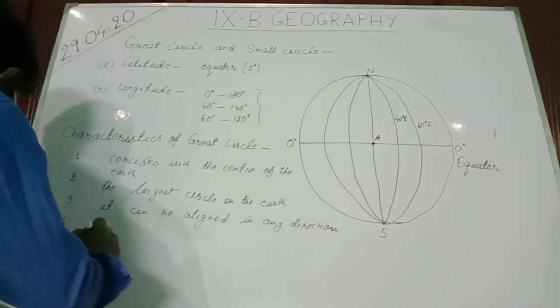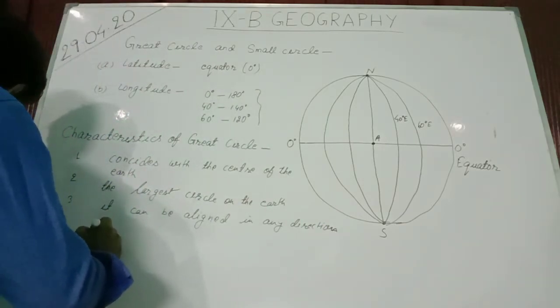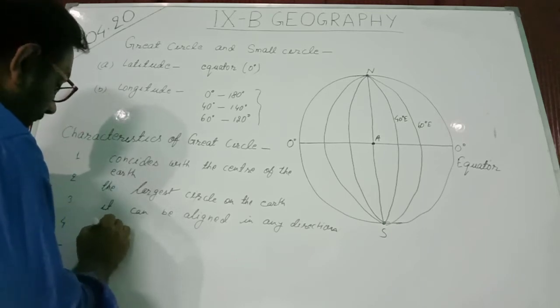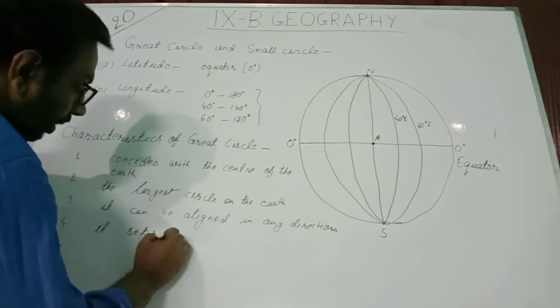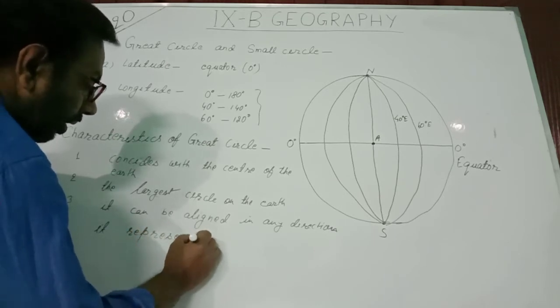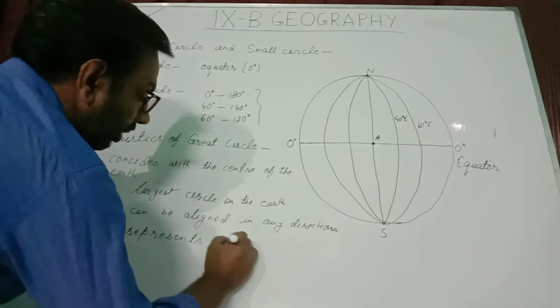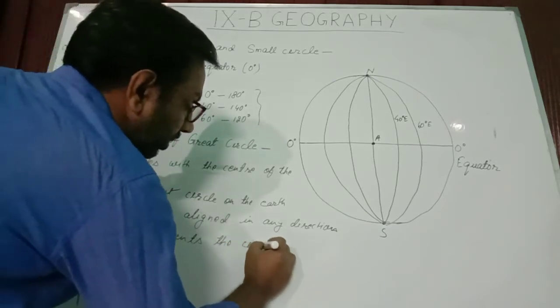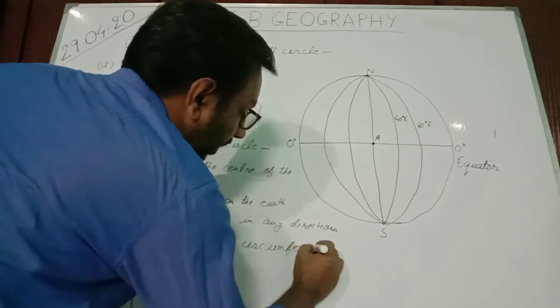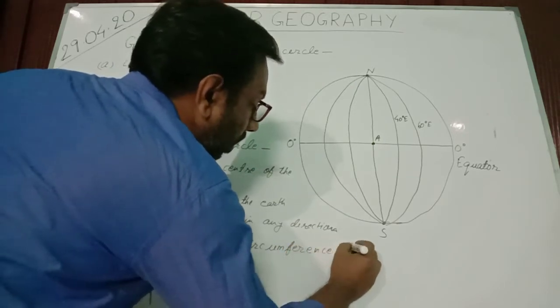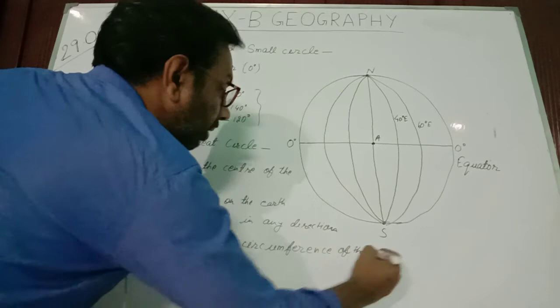And fourth, it represents the circumference. It represents the circumference of the earth.